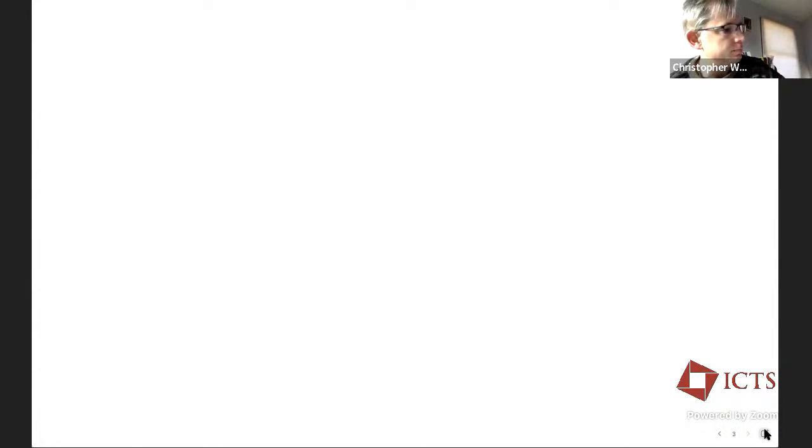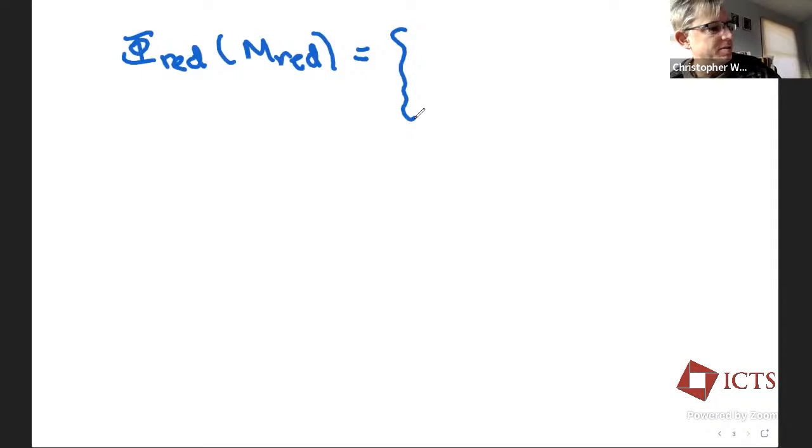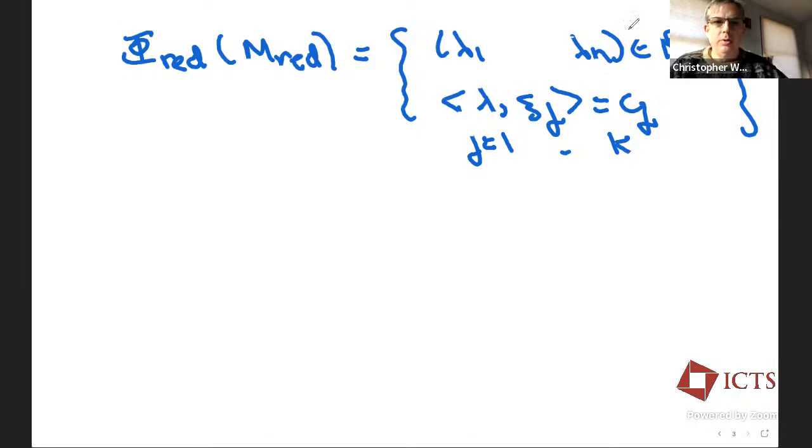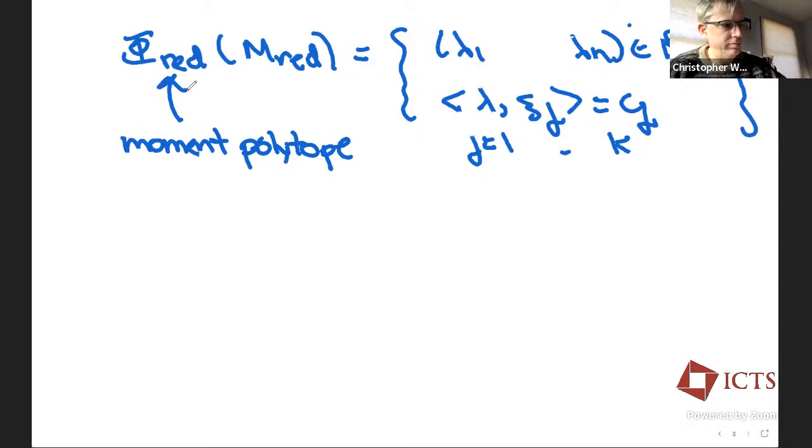And then the image of M_red under phi_red is the tuples lambda in R^n, greater than or equal to 0, such that the pairing of lambda with each c_j is equal to a_j, for j equals 1 up through k. This is called the moment polytope of M_red.